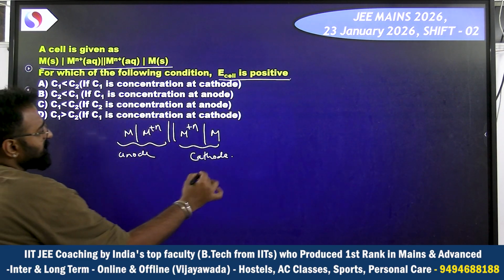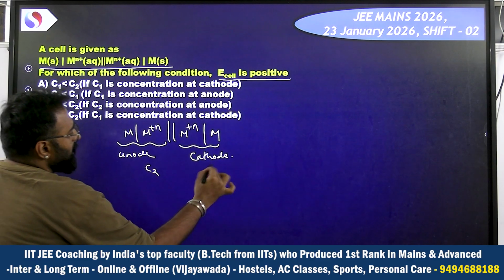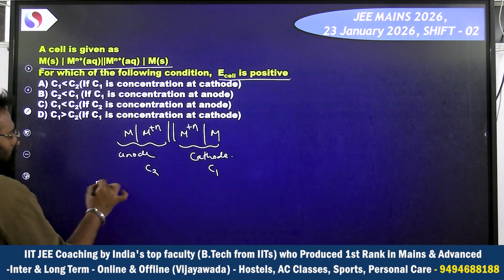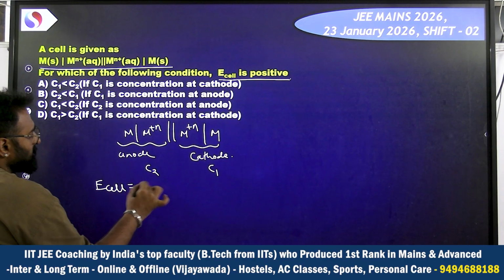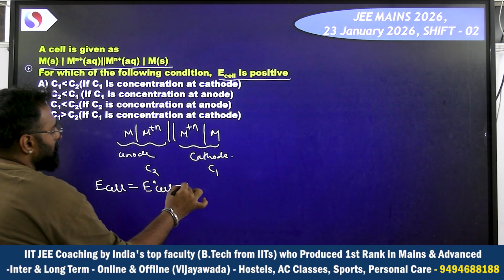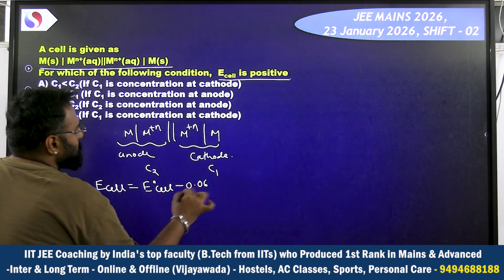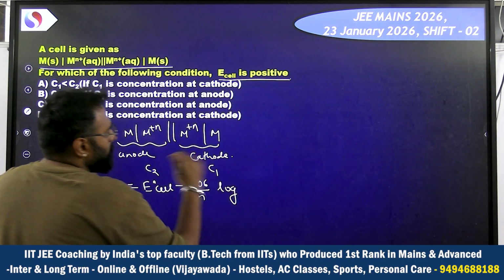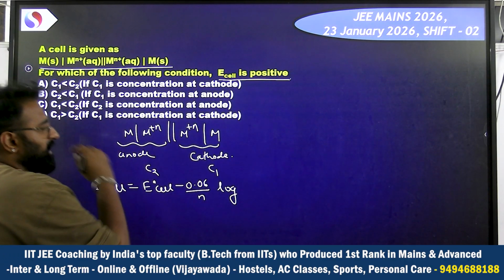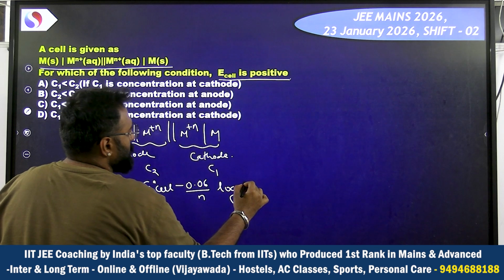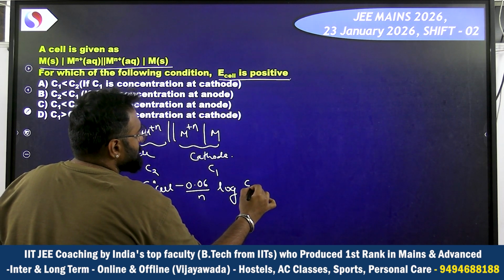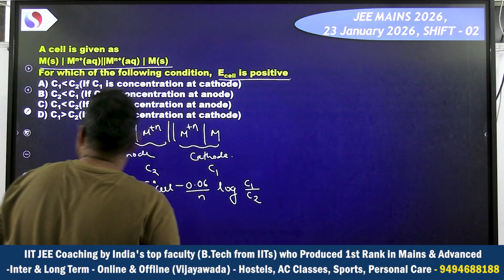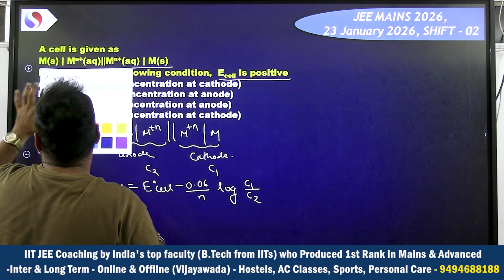If I consider this as C2 and if I consider this as C1, then E cell is equal to E naught cell minus 0.06 by N log of cathode. What is the actual formula? This will be how much? C1 by, this will be C2 by C1.